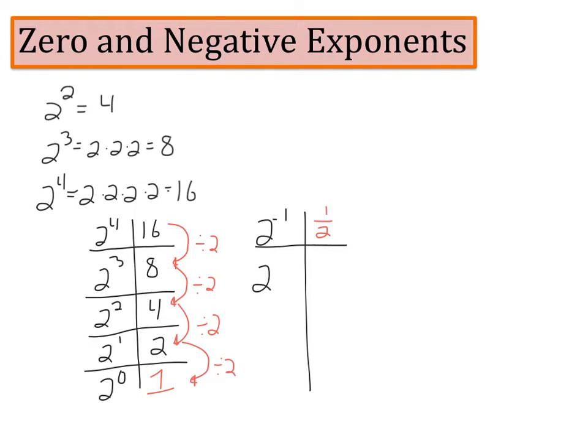Let's keep going. 2 raised to the negative 2 should just be 1/2 divided by 2, which is 1/4. And so on and so forth.